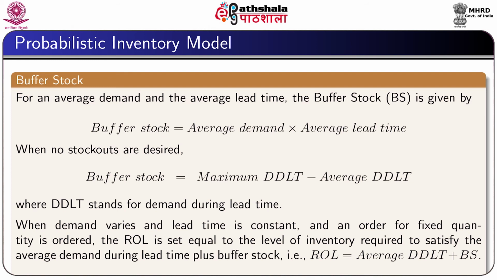When demand varies and lead time is constant and an order for fixed quantity is ordered, the reorder level is set equal to the level of inventory required to satisfy the average demand during the lead time plus buffer stock. That is, reorder level is equal to average demand during lead time plus buffer stock.